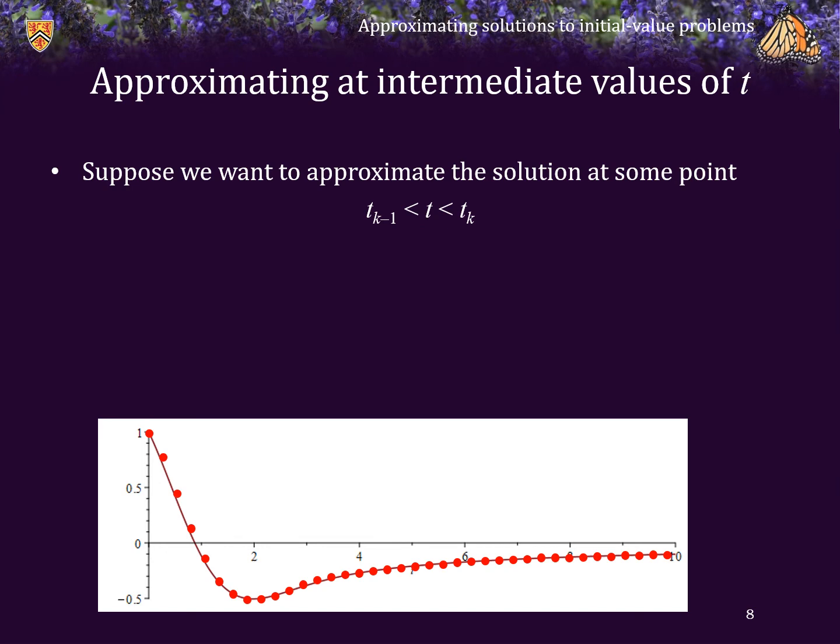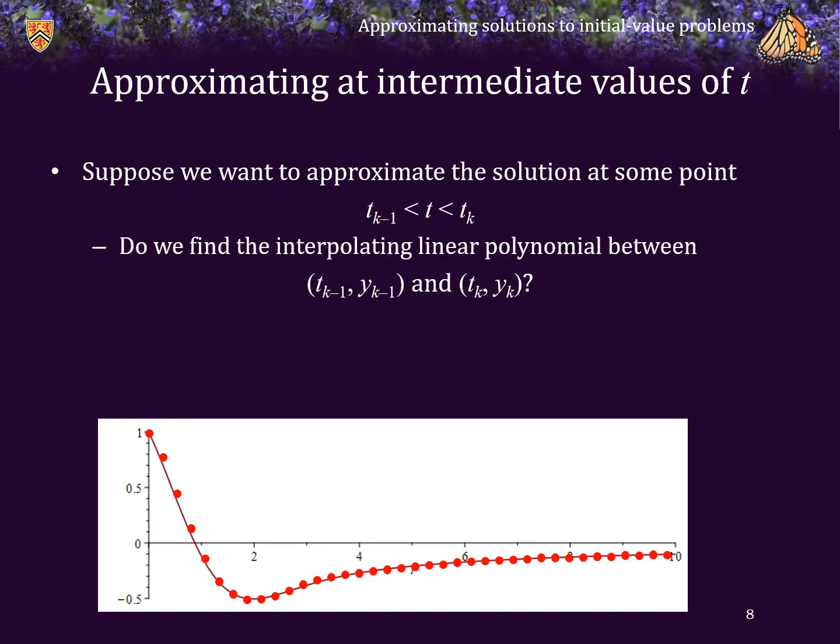We're going to use a number of different approaches to estimate the value of the solution at various points t sub k. But suppose we want to approximate the solution at some point between two of these points that we've been given, say between time t_{k-1} and time t_k. What do we do?